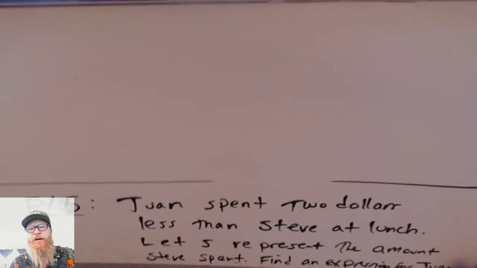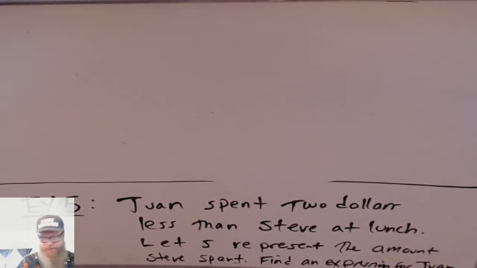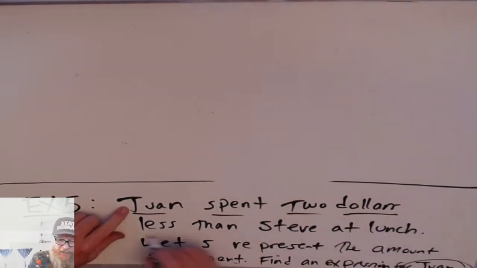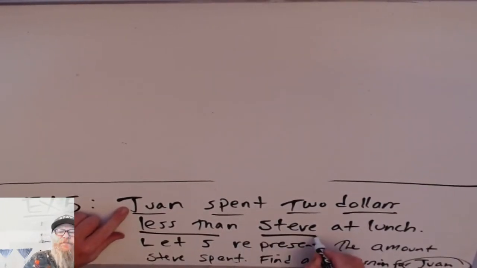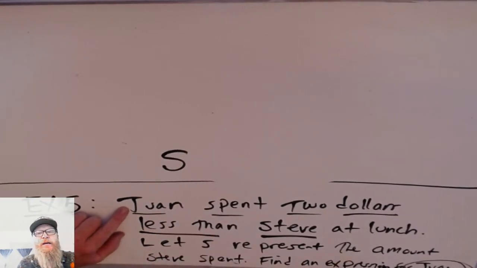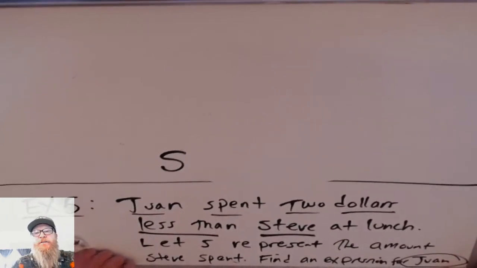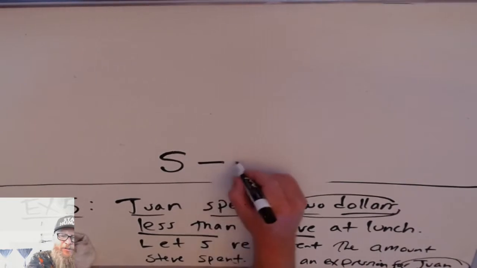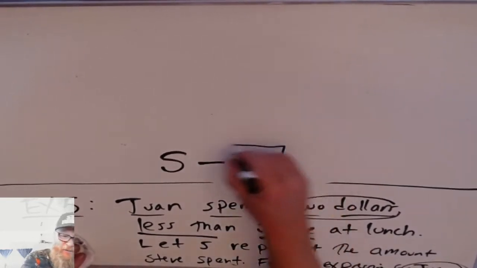So we're trying to find an expression for Juan. Juan spent $2 less than Steve. So S is going to represent how much Steve spent. We're finding an expression for how much Juan spent. He spent $2 less on lunch, so S minus 2.